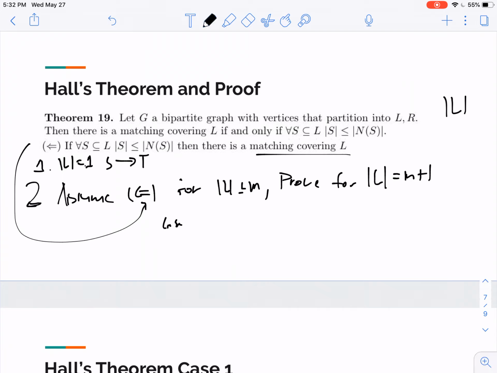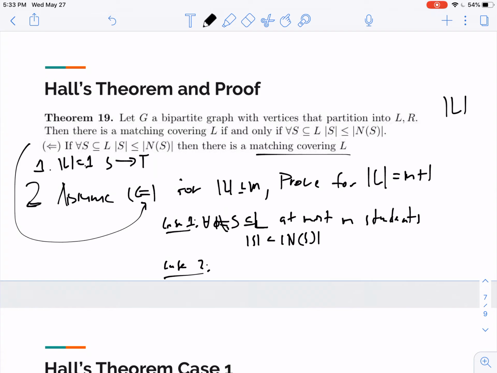In case 1, any non-empty subset S of the students, where we're talking about a subset of at most M students, has the number of students strictly less than the number of tutors that they prefer.